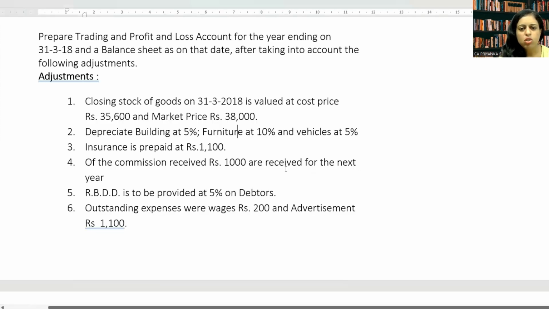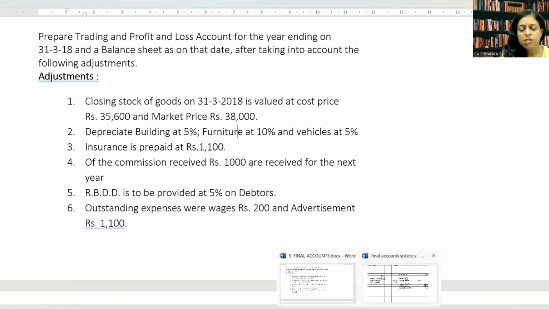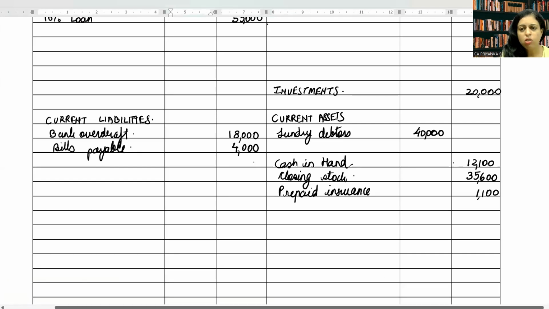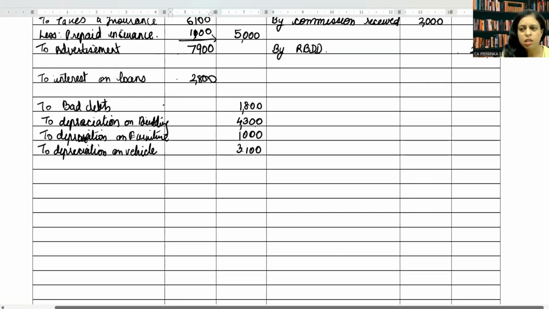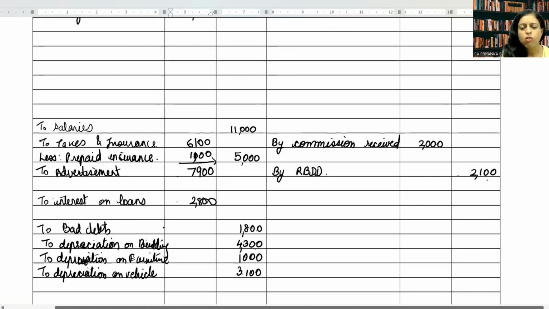Next one, commission received is 1,000, received for next year. So commission is received in advance. One effect is to reduce the commission amount that you have received in advance, and the second effect is to show it as a liability. So first effect I'm giving: less pre-received income, or pre-received commission, 1,000.